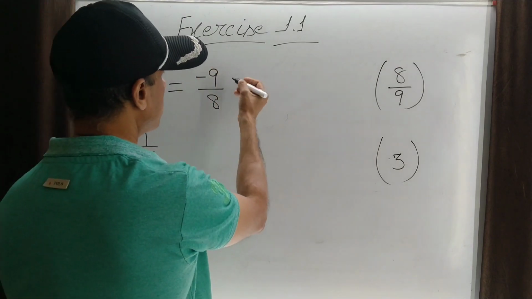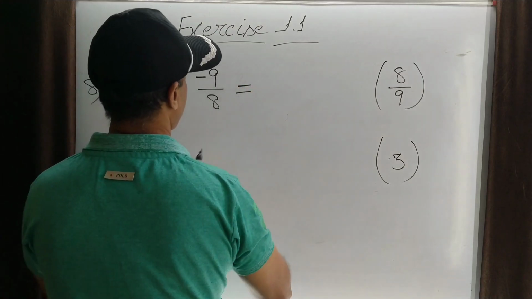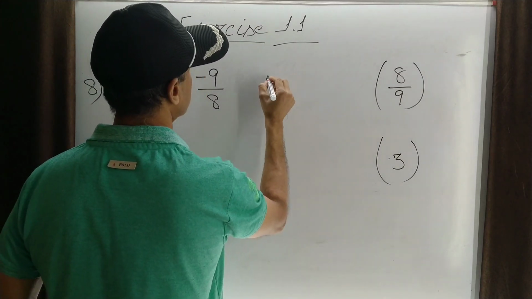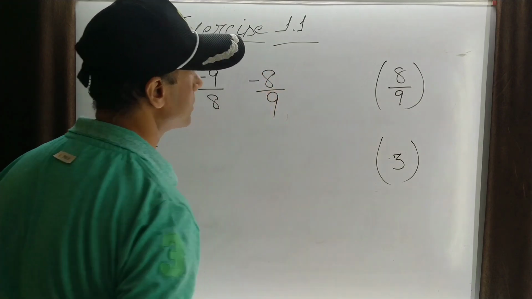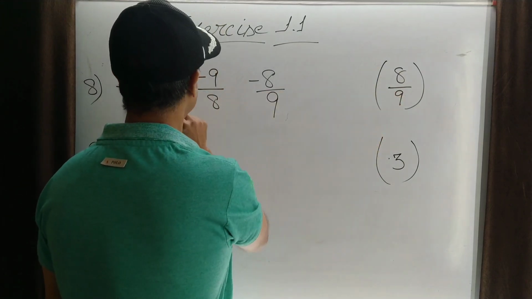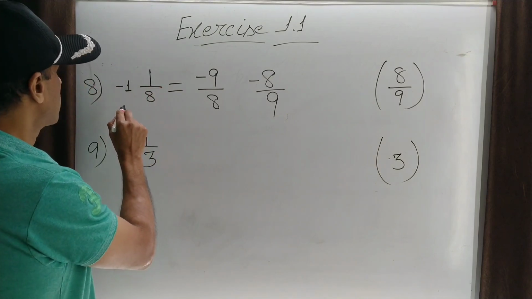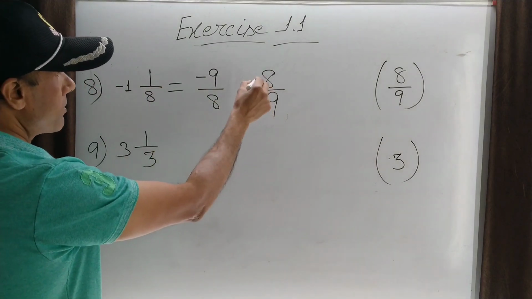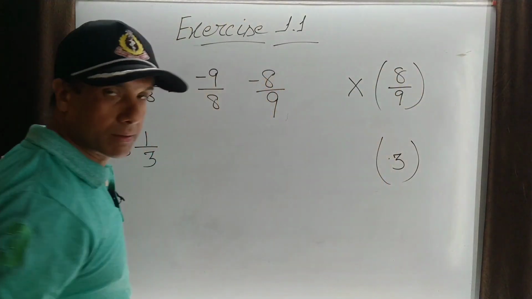And the multiplicative inverse of this is nothing but 8 by 9, and the minus sign is written here. So the multiplicative inverse of this mixed rational number is minus 8 by 9, not 8 by 9.